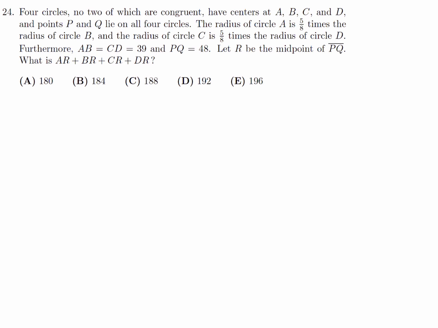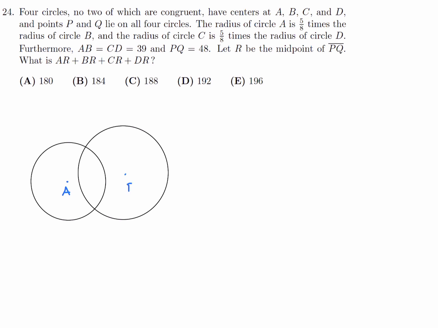First, let's draw a diagram of just 2 circles, the ones that have the centers A and B. So this is going to be A, and this is going to be B. And P and Q are the points that are common, the points of intersection.